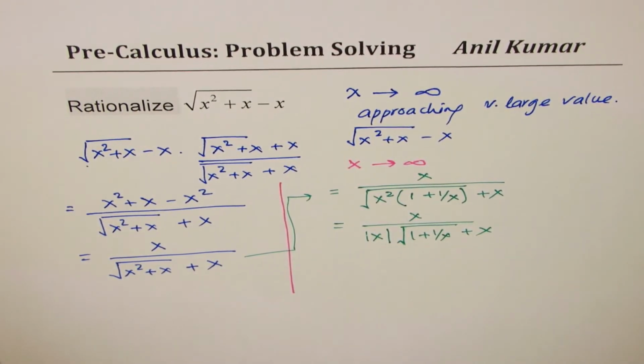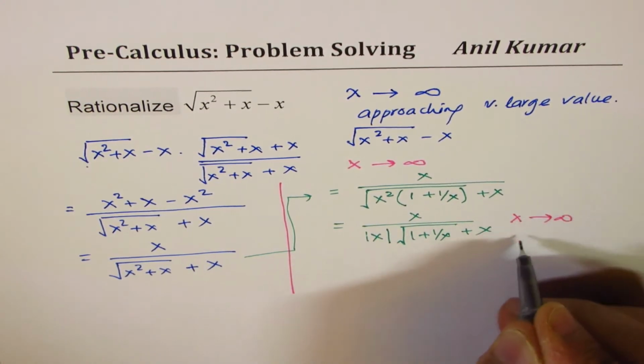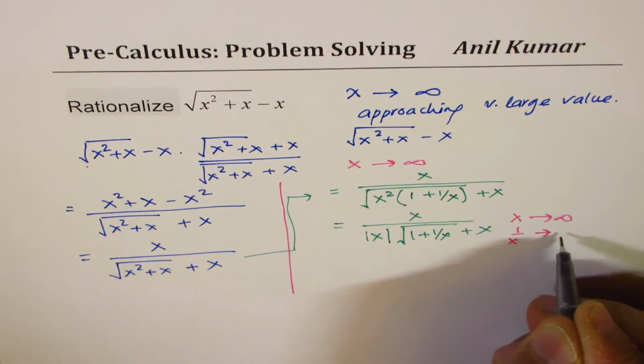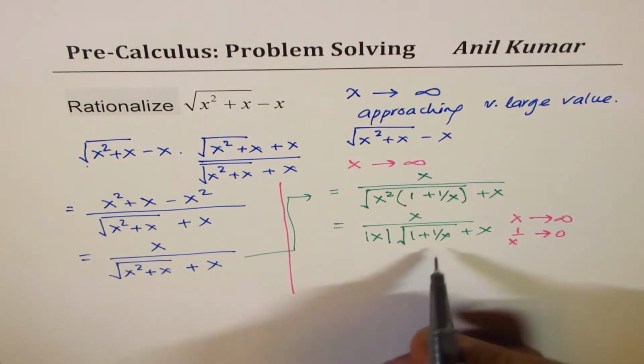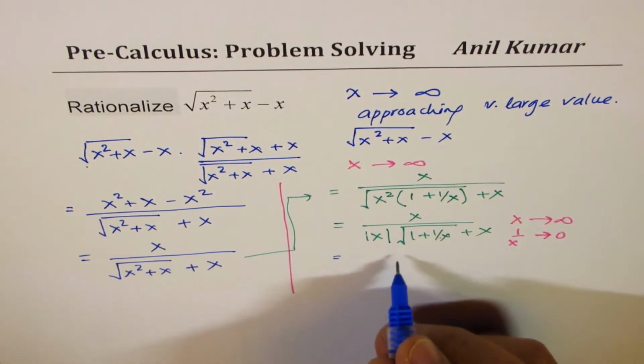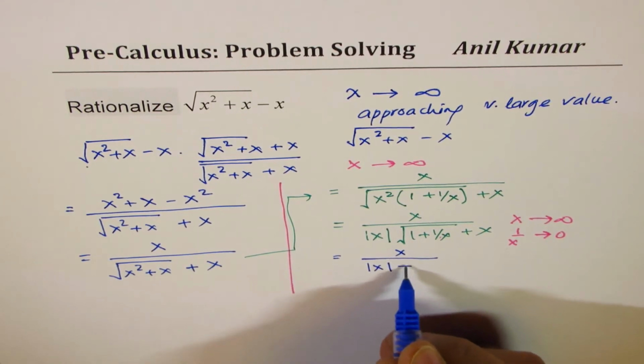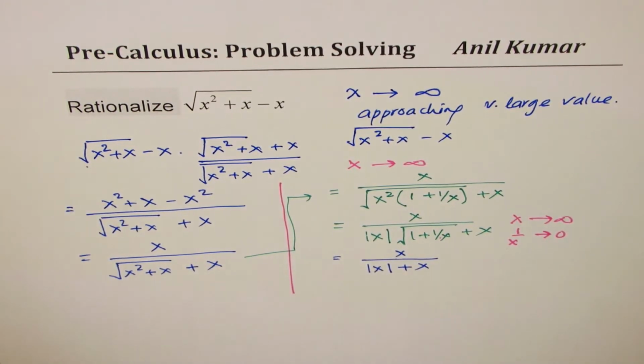Now if x is very, very large, then 1 over x is approaching 0, right? So that term approaches 0. So I could write this particular expression as x over absolute value of x plus x. Correct?